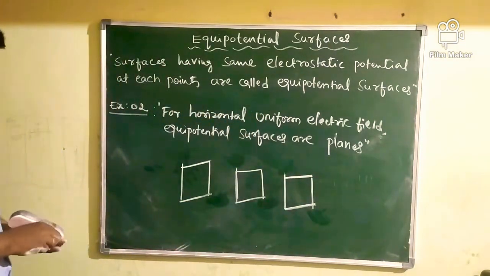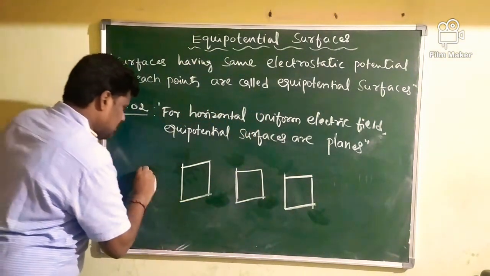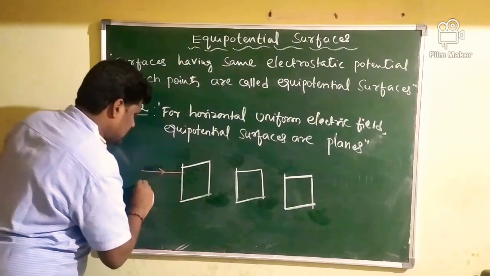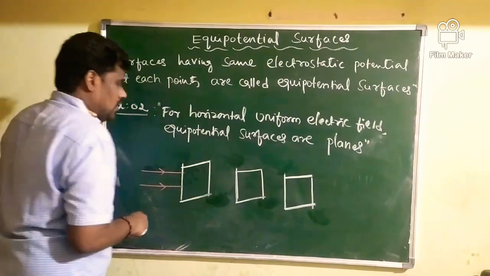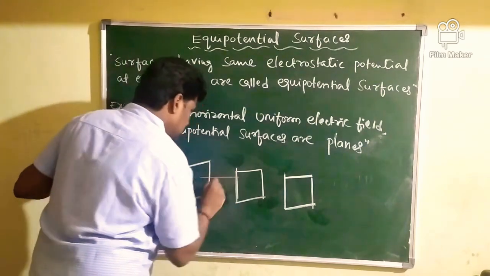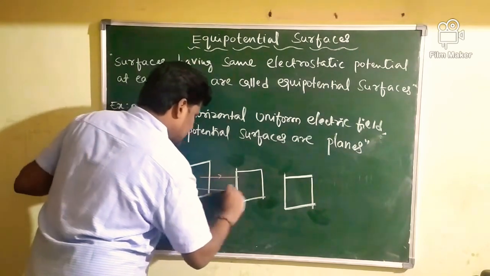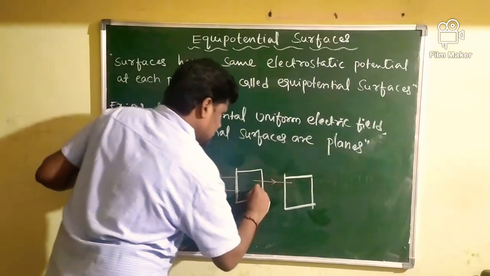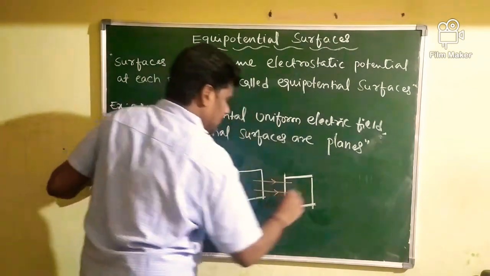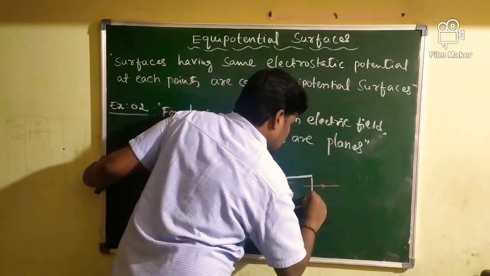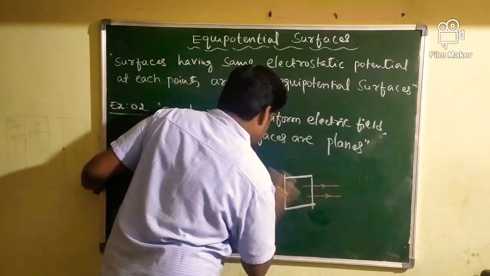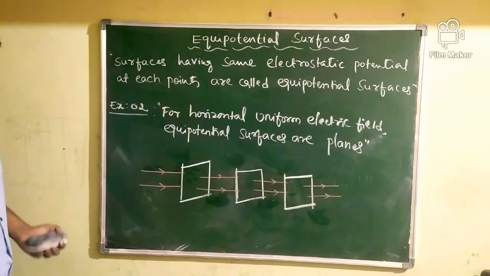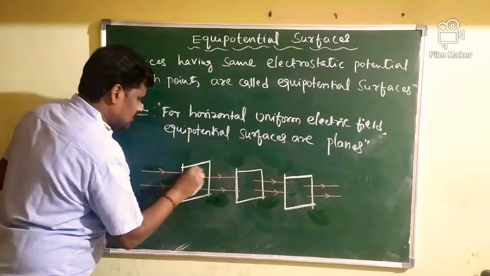So what is the nature of the electric field here? It is a horizontal uniform electric field. For this horizontal uniform electric field, the equipotential surfaces are planes.